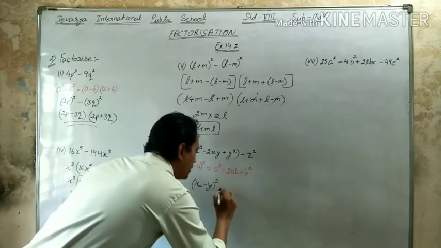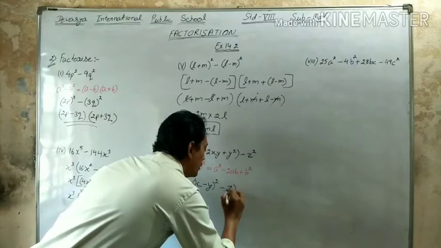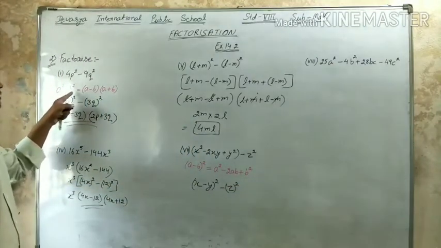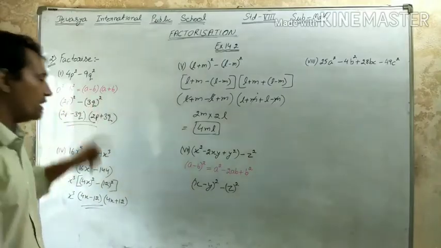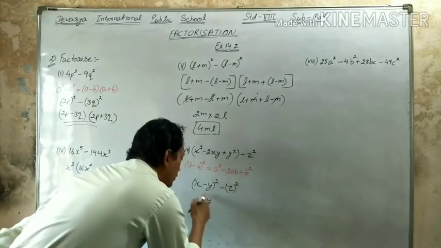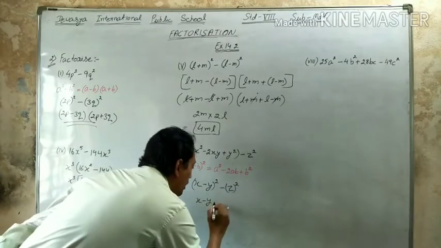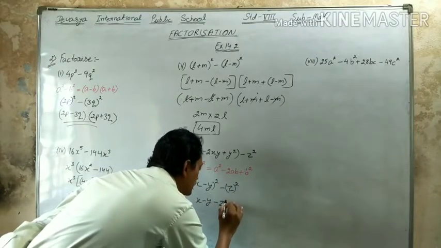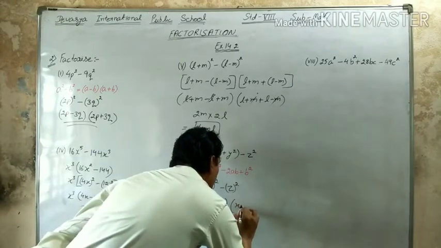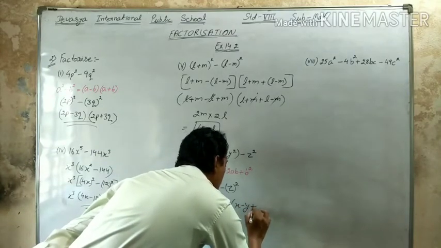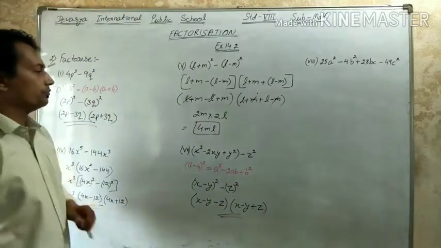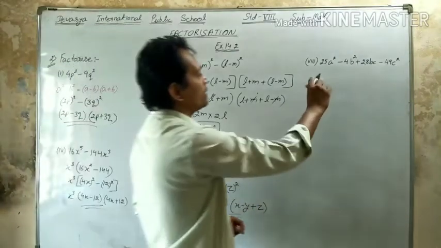And the rest of the part minus z whole square. So again we have the same formula, a square minus b square is equal to a minus b into a plus b. So we can write it like this, x minus y, this is your a, minus z, times x minus y plus z. This is your factorization.